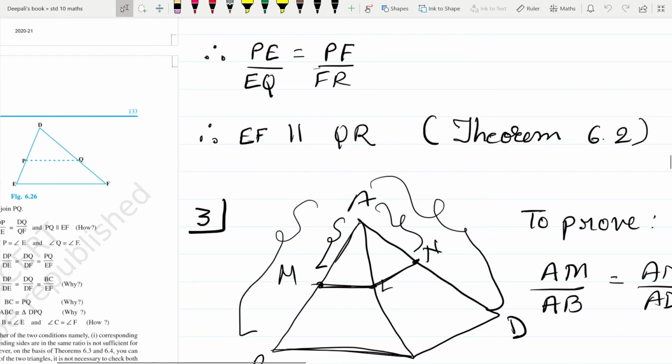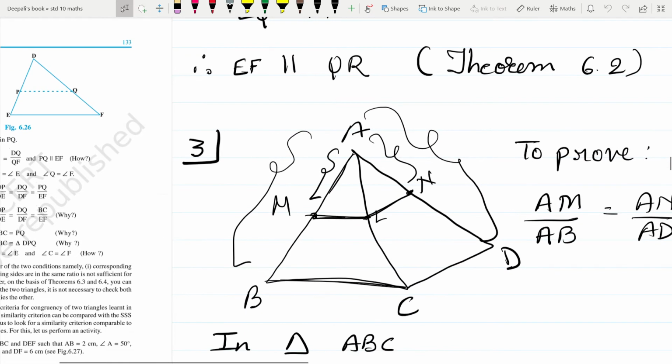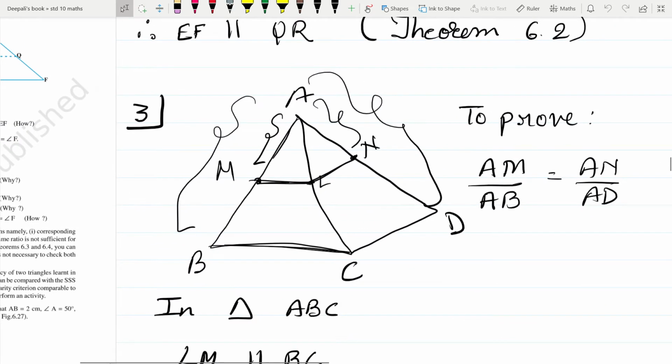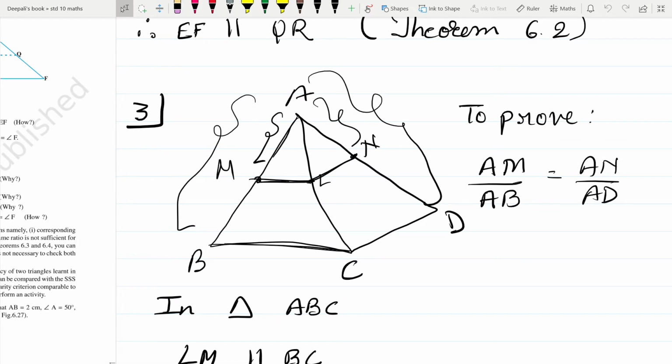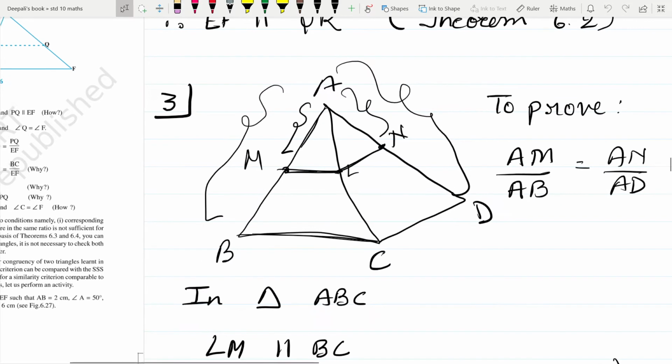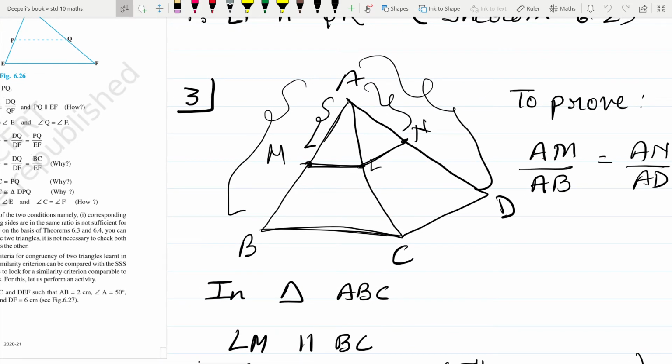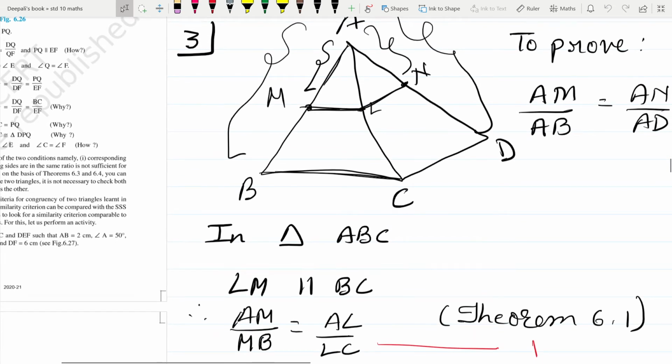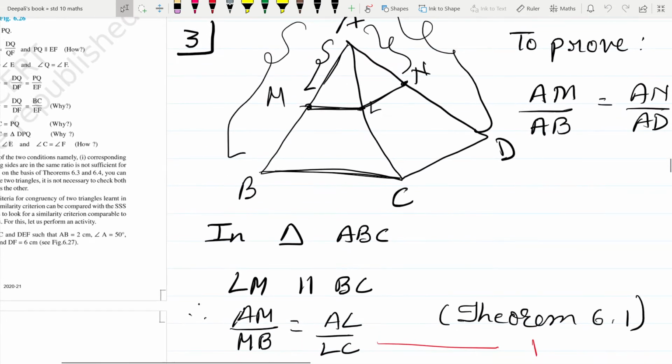Now let us see question number 3, where we have to prove that AM upon AB is equal to AN upon AD. Now we have two triangles, ABC and ADC. In triangle ABC, it is given that LM is parallel to BC.